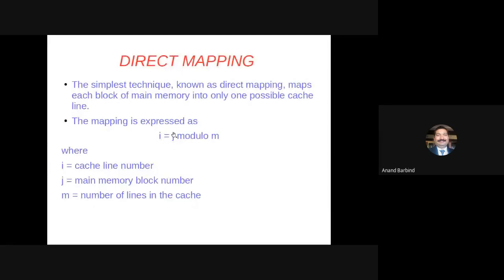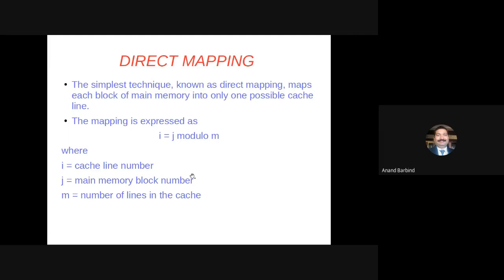J is the block number of the block in the main memory, and M is the number of lines in the cache. So using this simple formula, it can be obtained.